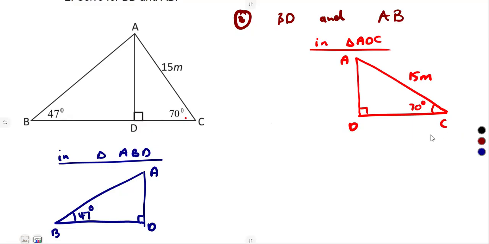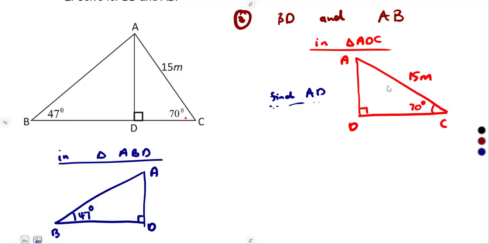So it will be easier for us to calculate the side AD, because it is the same side AD that we have on triangle ABD. From this one, we are going to calculate AD using the trigonometrical ratios, according to this angle. We said we must name the sides according to the angle.